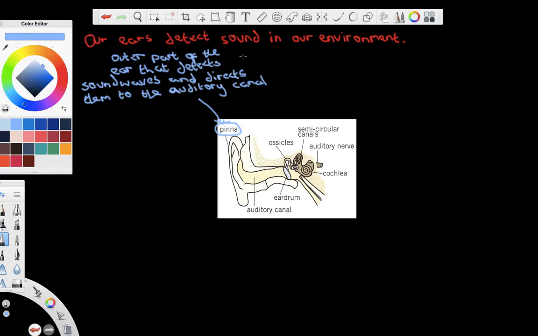So your pinna is the outer part of your ear that detects sound waves and directs them to the auditory canal. Okay?